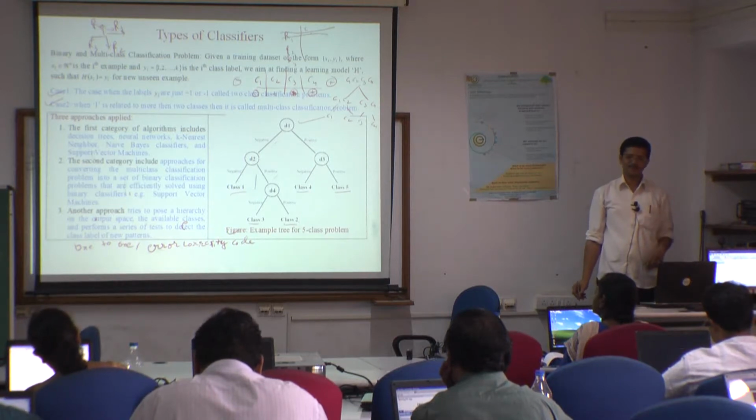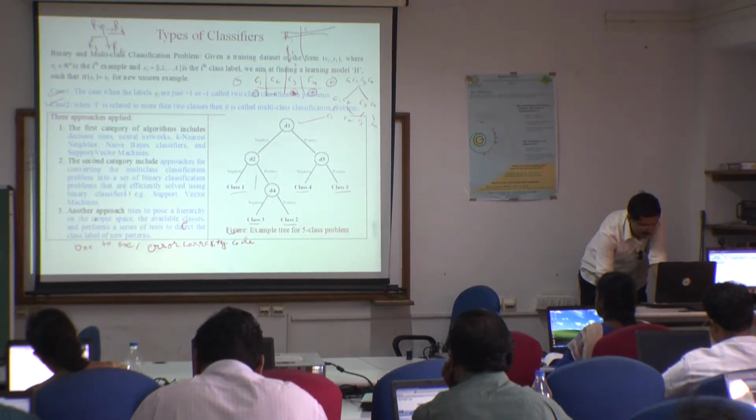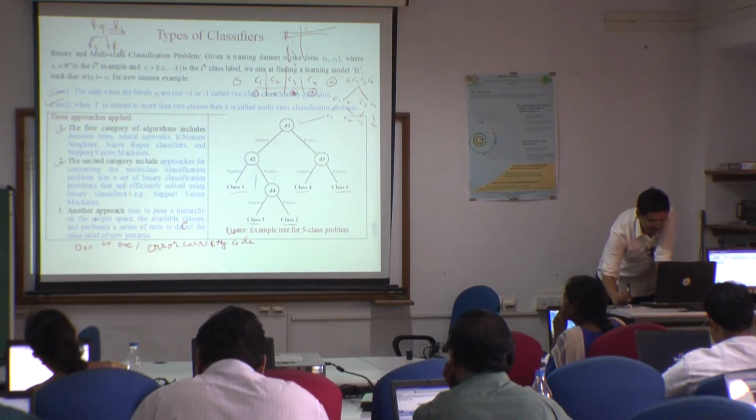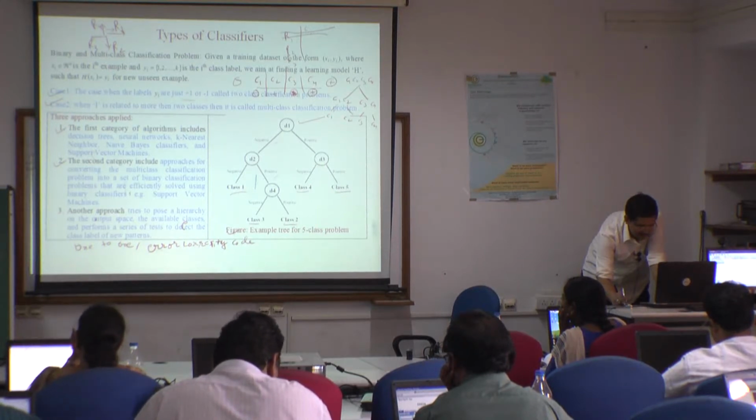Now you can develop or come up with some new technique also. This is the division of which classification strategies can be applied to which category. For example, the first category is the binary classifier.